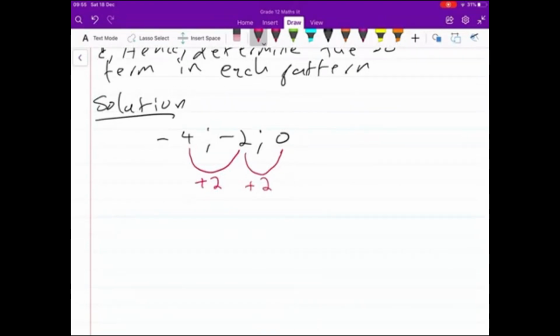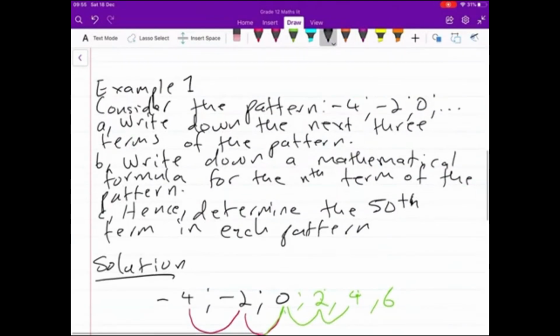So in order for us to get the next term, we had to add 2 to 0, so that we get 2. Then we add 2 to 2, so that we get 4. We add 2 to 4, so that we get 6. So our next terms, guys, are 2, 4, and 6. Very simple.